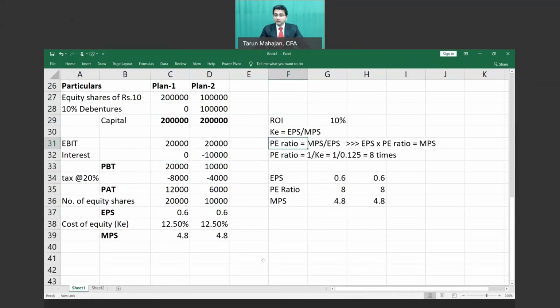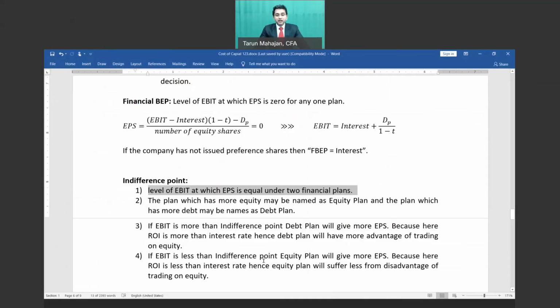Indifference point is 20,000 rupees of EBIT in this case. If EBIT is more than indifference point, then debt plan is better, higher EPS. If EBIT is less than indifference point, then equity plan will be better. Level of EBIT at which EPS is equal under two financial plans is named as indifference point.